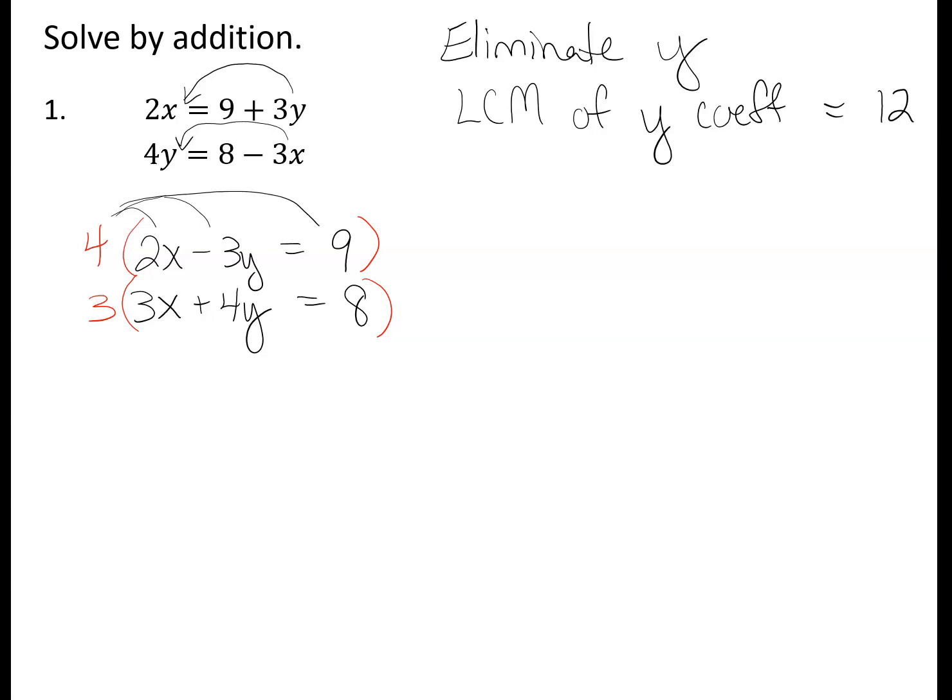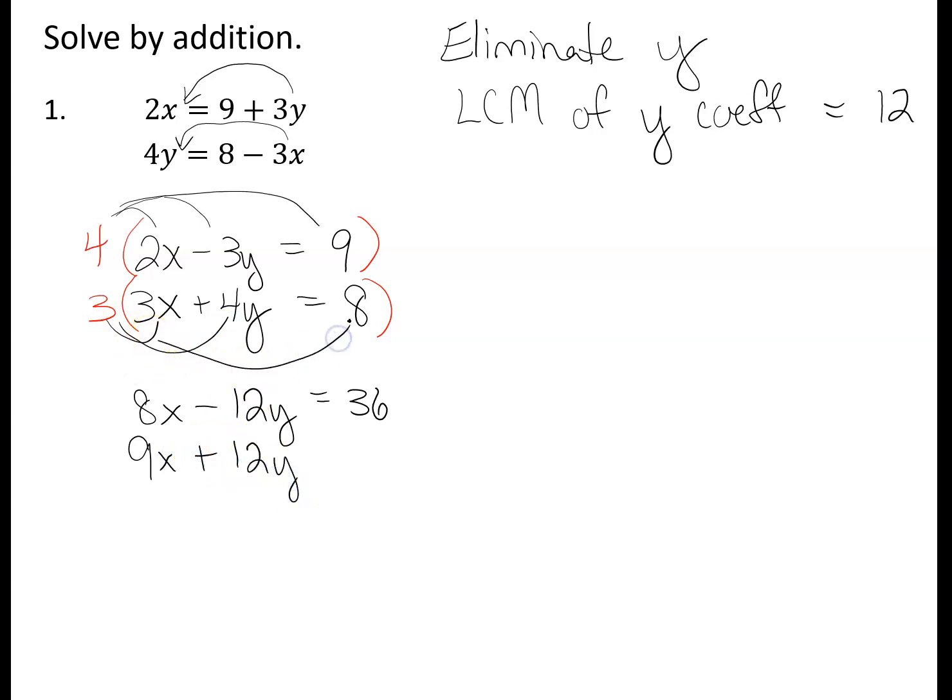We'll go down below. Okay, so if we multiply the 4 times the 2x, we get 8x. And 4 times negative 3y will be negative 12y. And 4 times 9. And then we distribute the 3. We get 9x plus 12y equals 24.